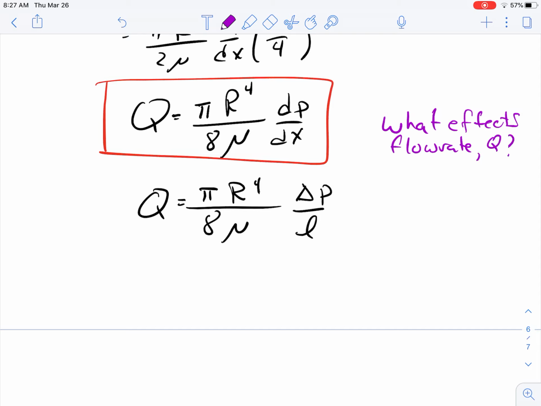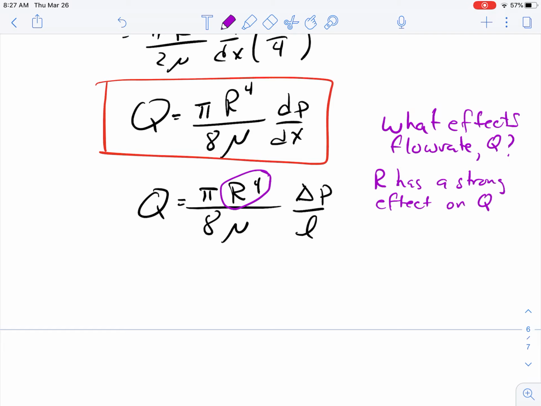Well, we see here R is really strong. So R has a strong effect on Q. It has a quadratic influence on the flow rate. Very, very small radii will result in very, very small flow rates, but with bigger increments you'll get a much, much bigger flow rate.